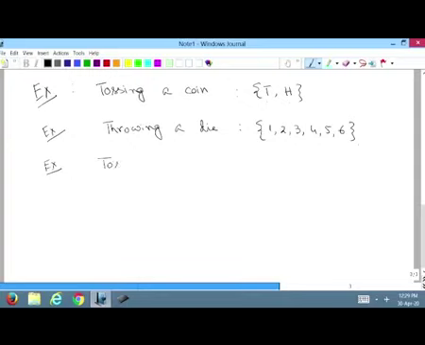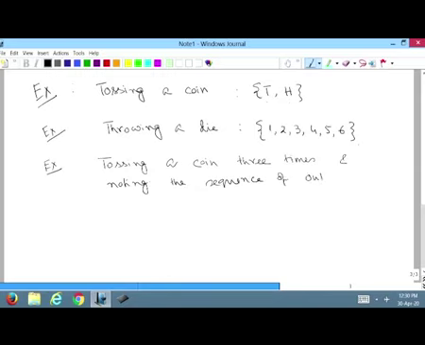Tossing a coin three times and noting the sequence of outcomes.